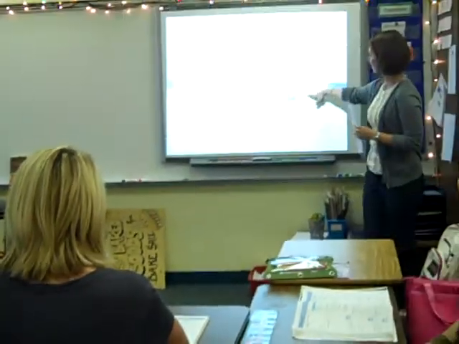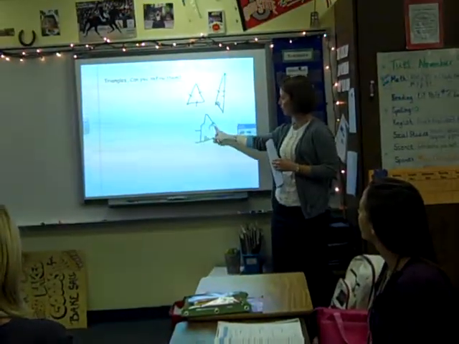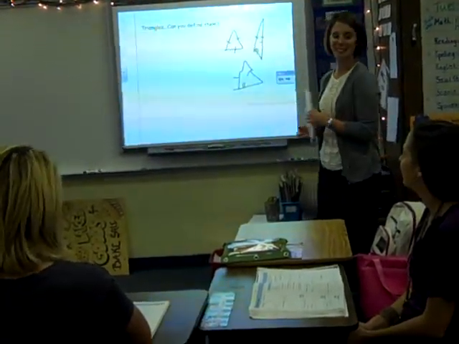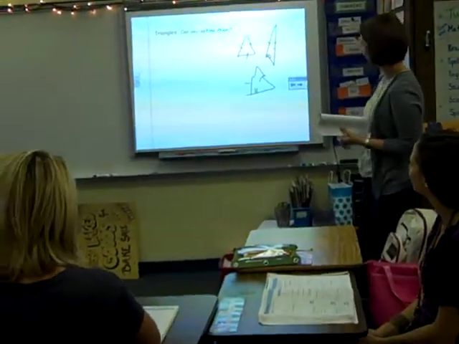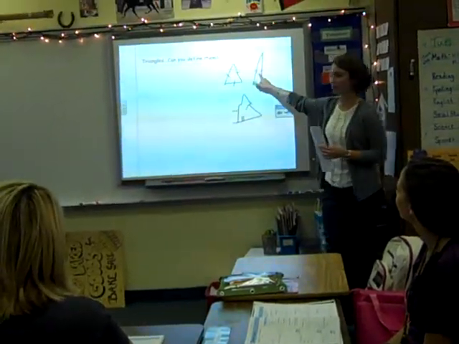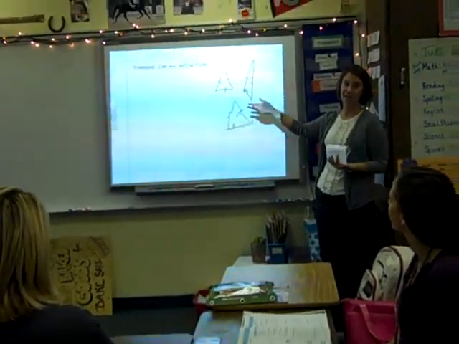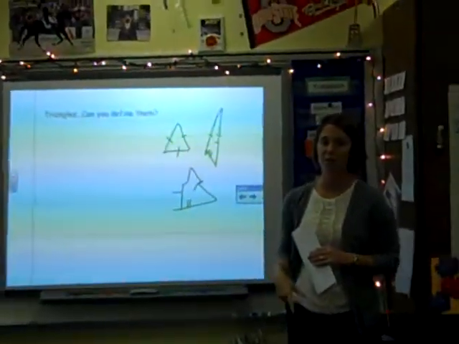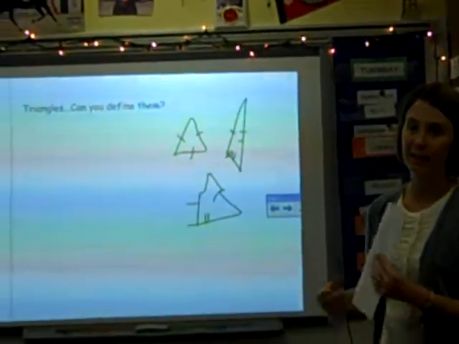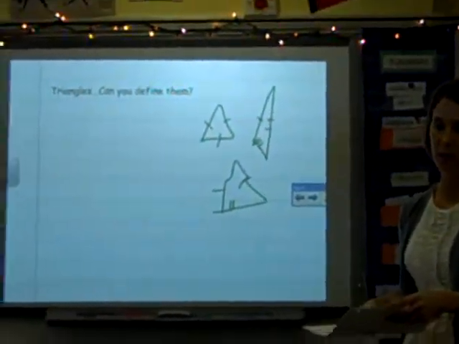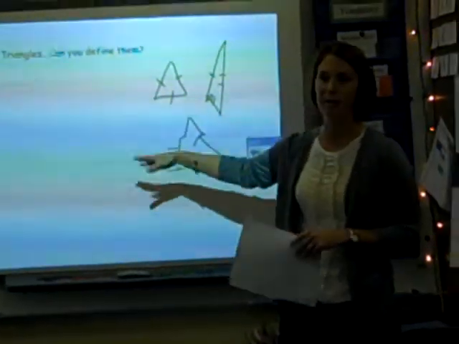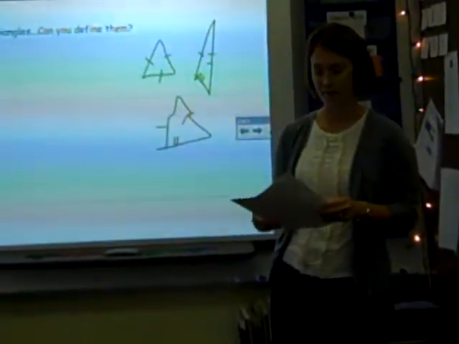And then looking at this triangle with 2 equal sides and a third, we decide that one is an isosceles triangle, right? And then because of our marks or our stripes that we're naming them, this triangle has 1, 2, 3 different sides, and so the definition of scalene is any triangle with no sides equal. And I wrote this down for them, and they copied this into their notes.